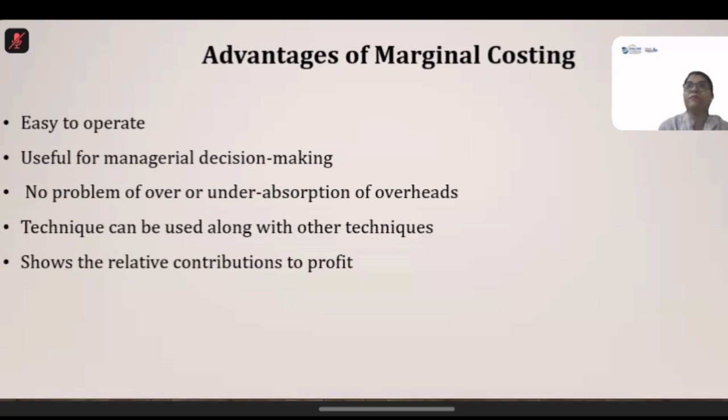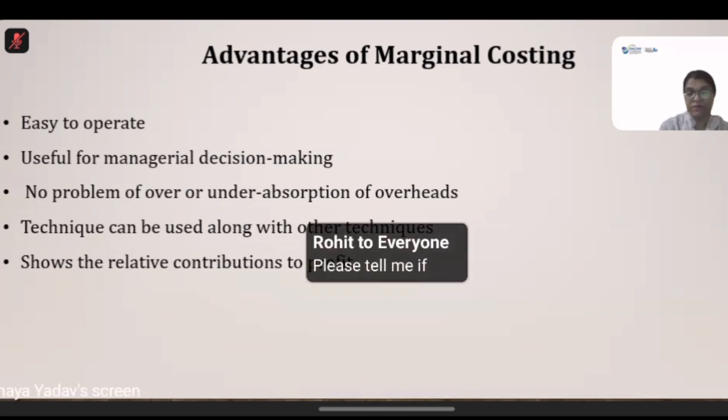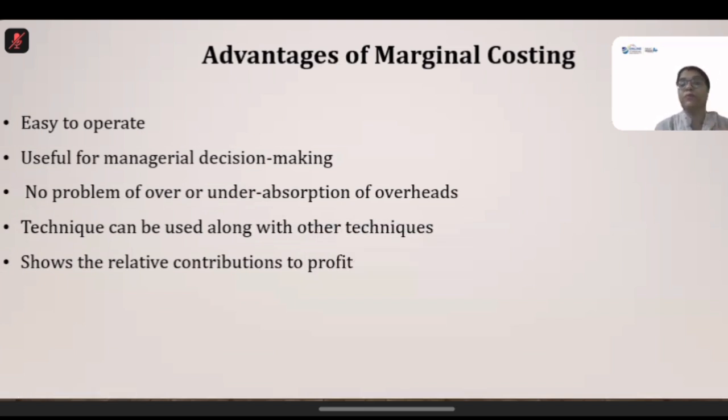So 150 minus 100 comes out to how much? 50. जैसे कि आपके fixed cost हैं, rent है, administrative expenses हैं, वो आप नहीं use करते to divide among products, so that the process gets simple.